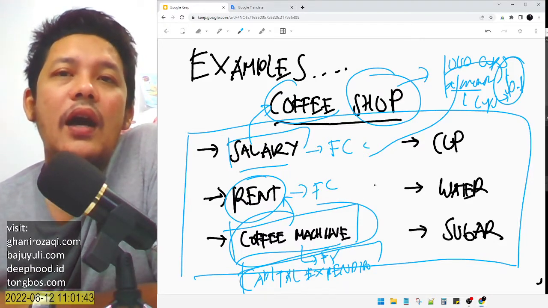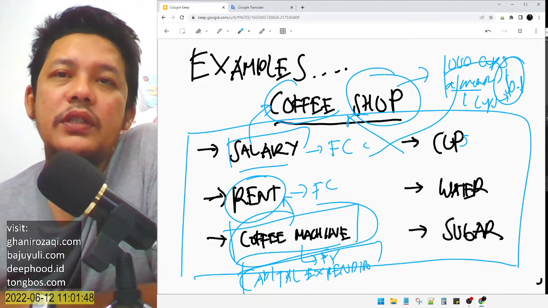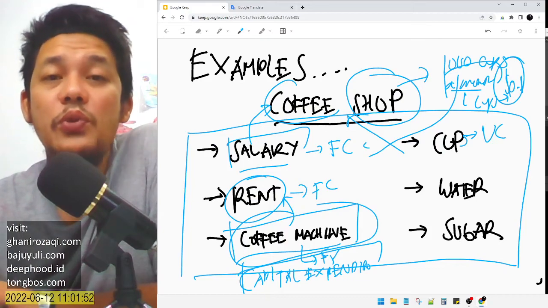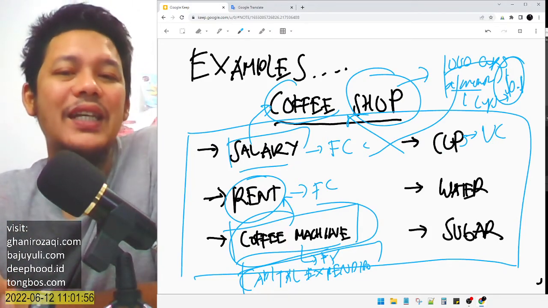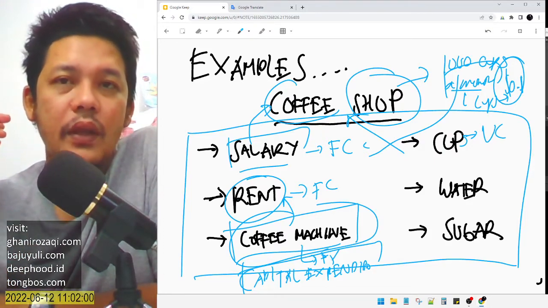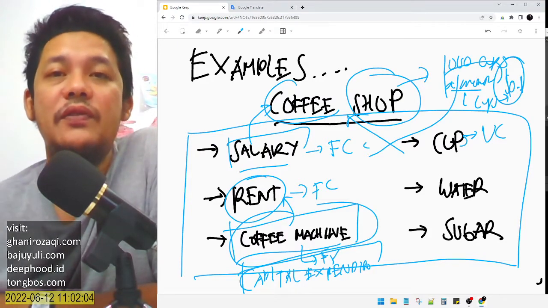And then how about the cups of this coffee shop? Of course, this is a variable cost, because if you produce one, you need one cup. If you produce 100 cups of coffee, you need 100 cups. That's the variable cost. Your cost of cups increases while you're producing more coffee.